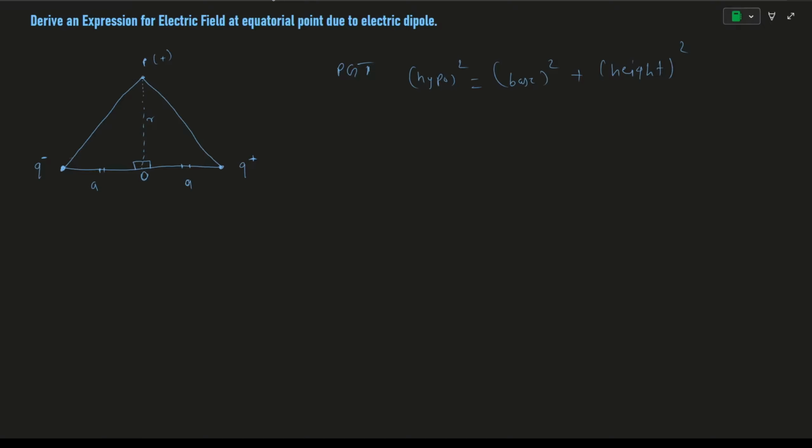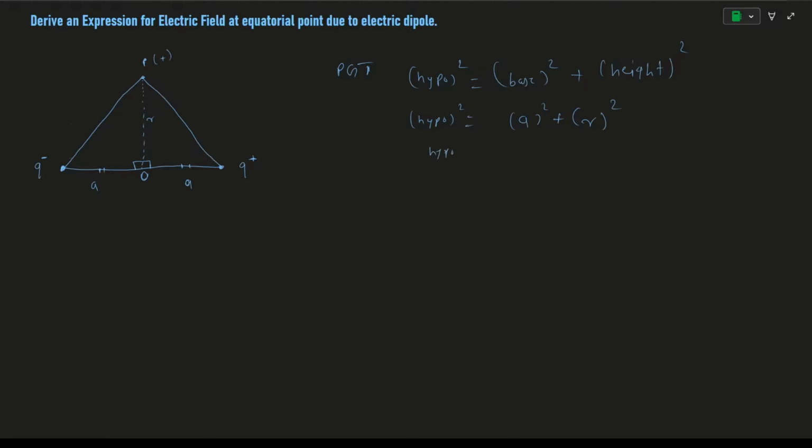So the first thing we have to find out is the hypotenuse. Base is a, so its square is a square, and height is r, so the r square will be here. I have to find out this hypotenuse, so what I need to do is take the square root of this.